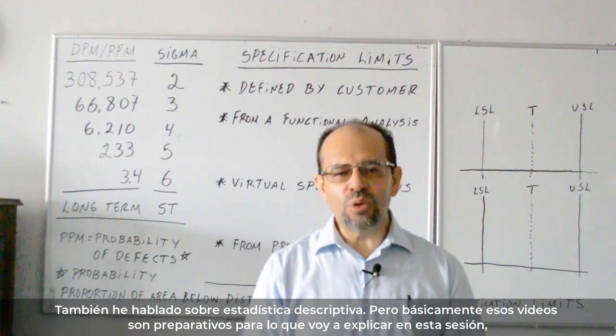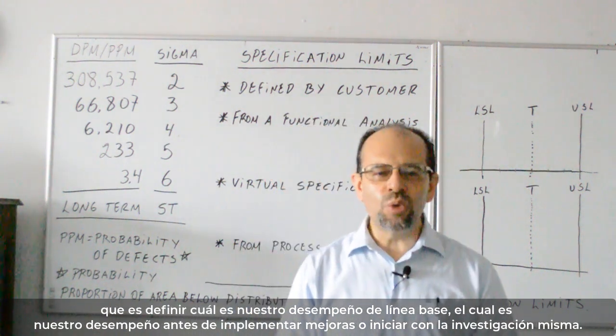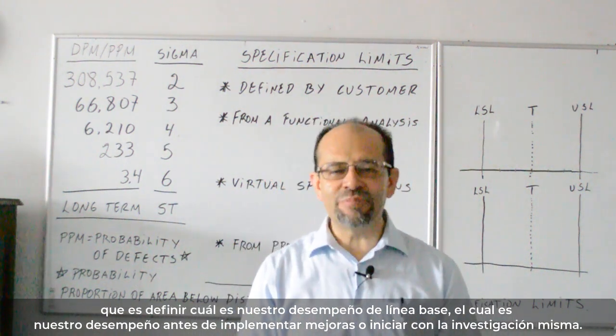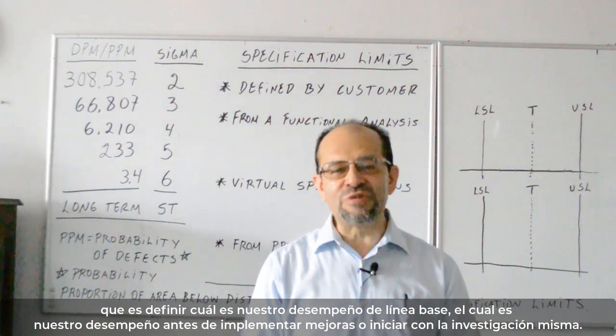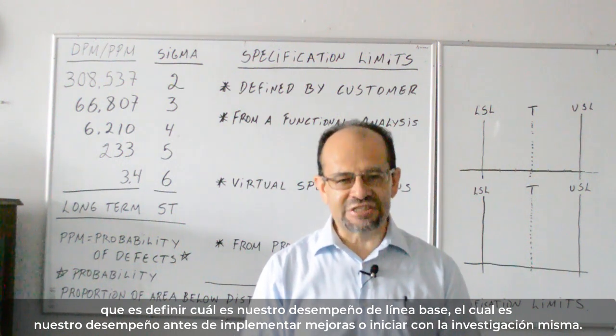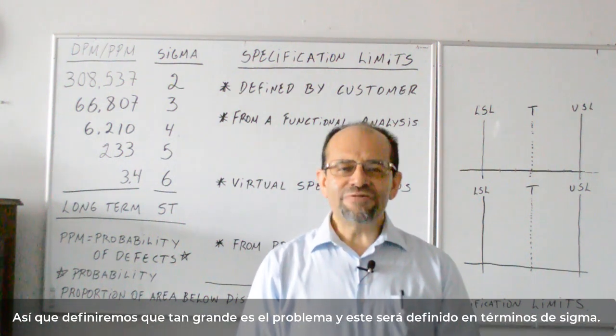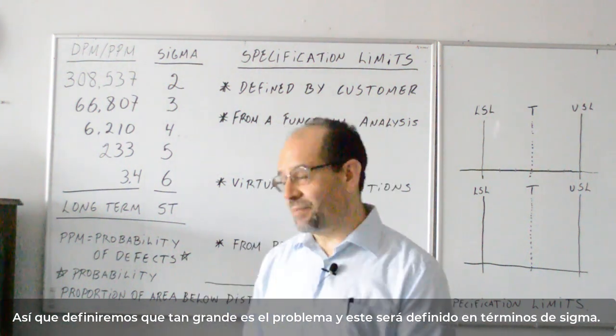But basically, those videos are in preparation for what we are going to talk about right now in this session, which is defining our baseline performance, which is our performance before implementing improvements, before starting with the investigation itself. So we will define how big is the problem, and the problem will be defined in terms of sigma.